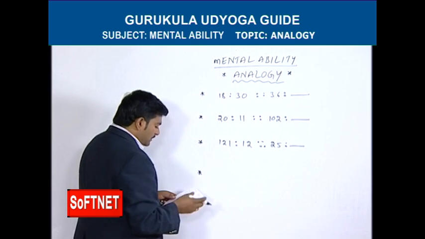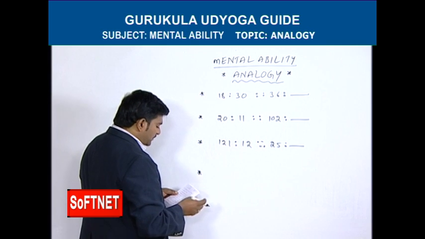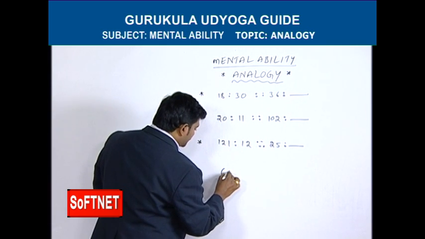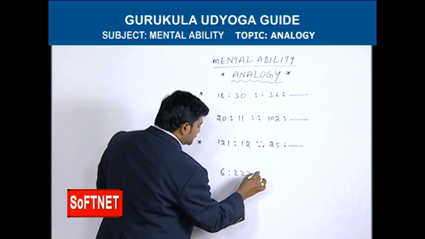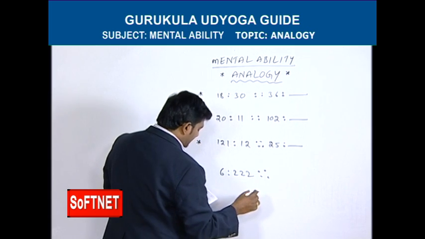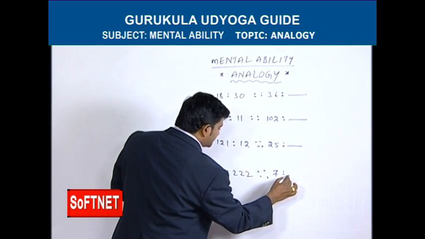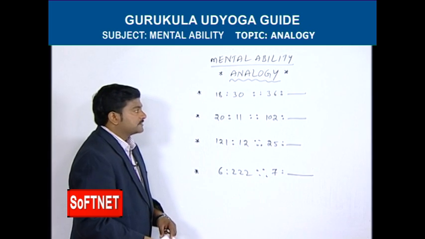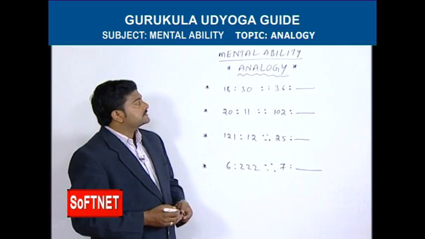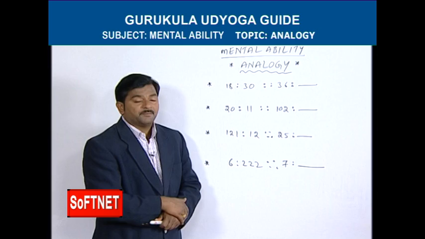Okay, so now one more example: 6:222 is as 7 dash. So these are some of the models in the analogy part, number analogy concept.